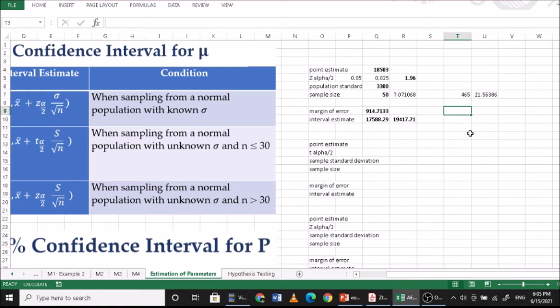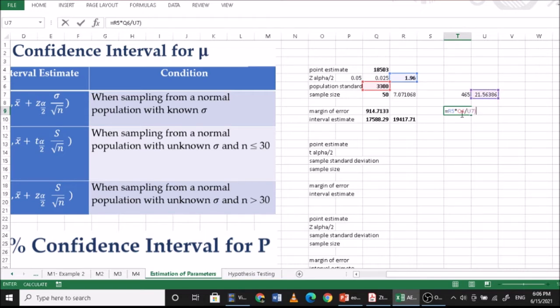And then using everything, this is now 1.96 times sigma, which is 3,300, divided by the square root of n.